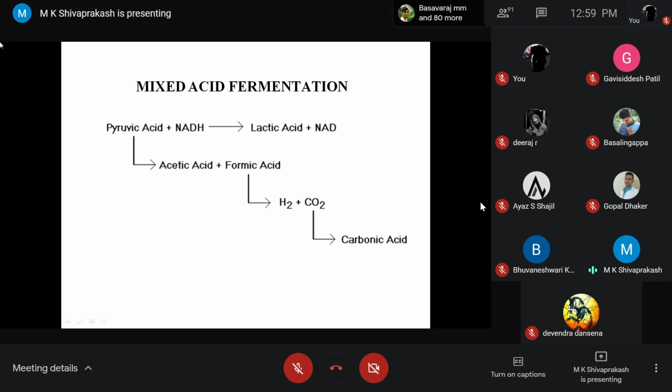The reason is that many times these contaminant organisms may carry out other reactions with the production of acetic acid or formic acid, or even alcohol, to give the curd a different taste. You must have realized in hot summers many times your curd or buttermilk tastes differently.